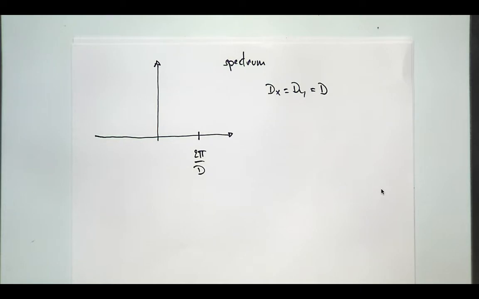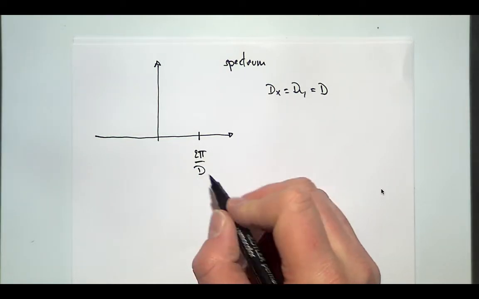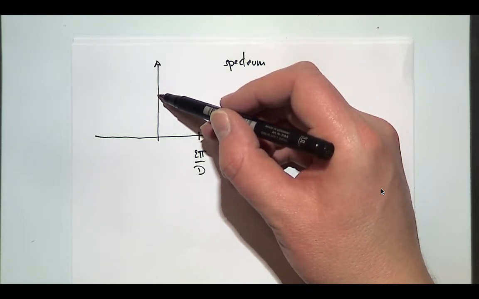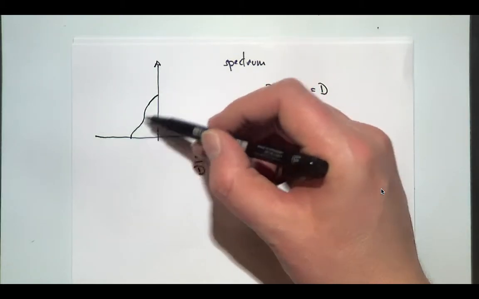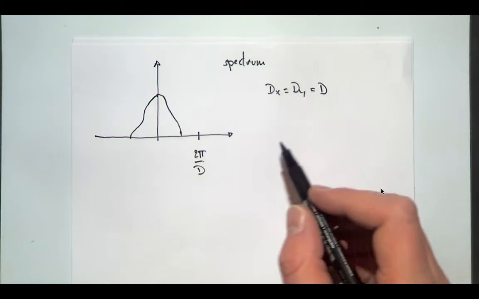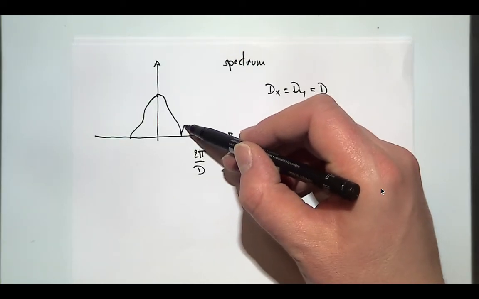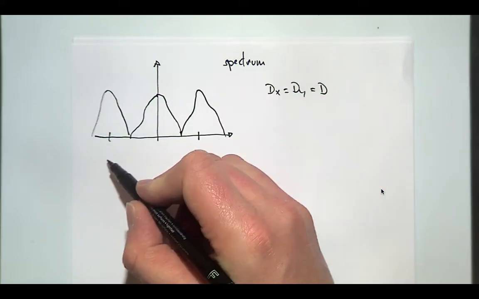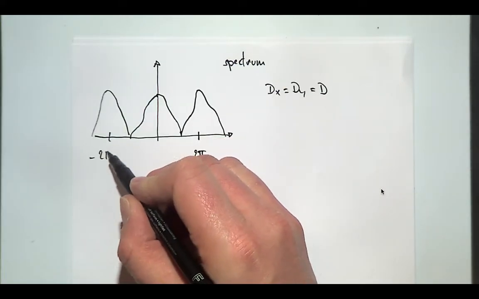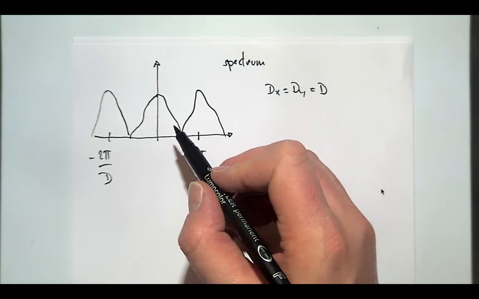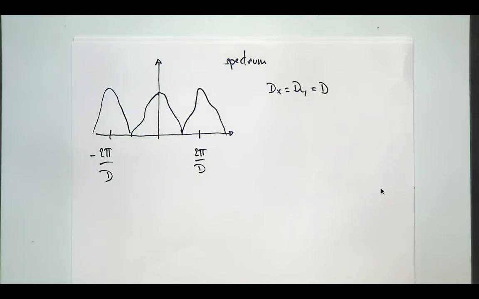So that's your sampling frequency, and you have your spectrum, which goes about like that, symmetric around 0. Basically your signal gets replicated at multiples of this fundamental sampling frequency.